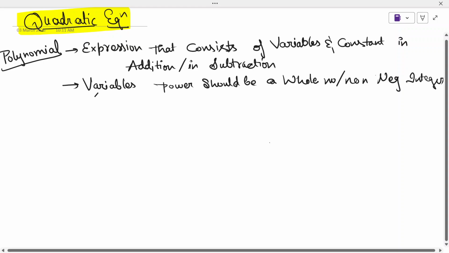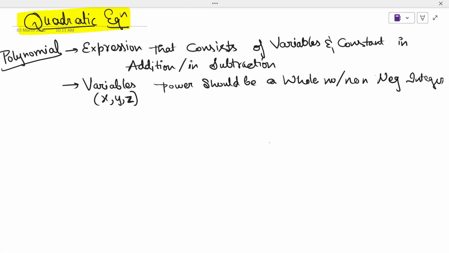Variables are like x, y, z, the alphabetical terms. These are variables. And these are the powers: x power, y power, z power. They should be a whole number or a non-negative integer.